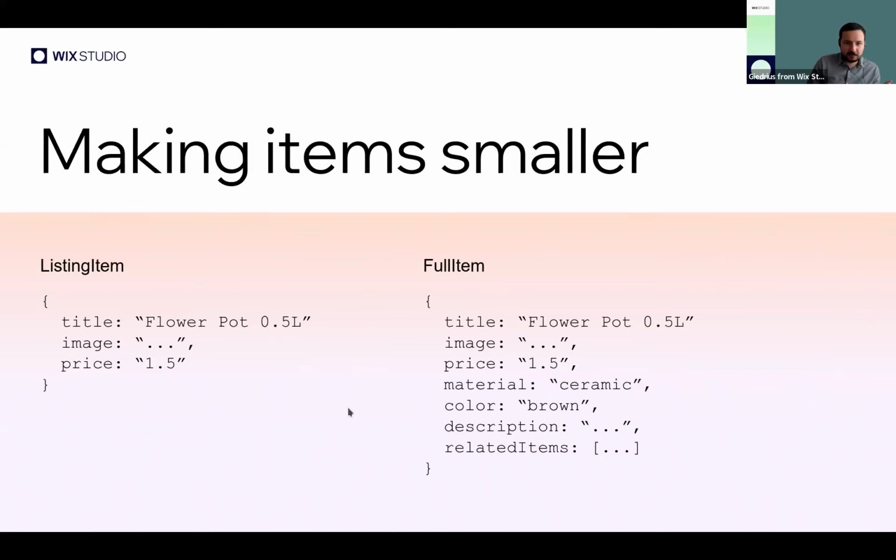Another trick, again, remember, the most important thing is how much data we read, is making items smaller. So sometimes you may have a very detailed catalog item. Let's say you have a store or some product catalog that you want to showcase on the page, then you're likely to have a lot of information about it.